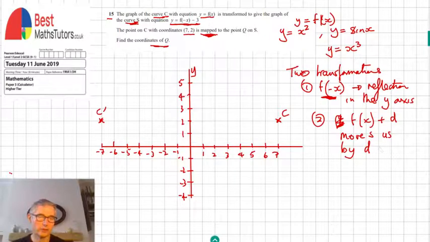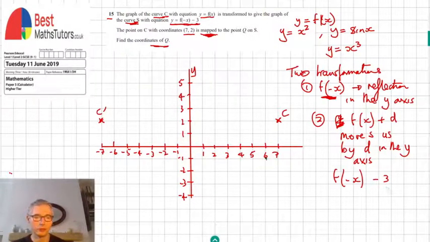Whatever d is, in the y-axis. So because our transformation is now f of minus x, but then minus 3, that means we're going to move by minus 3 in the y direction.